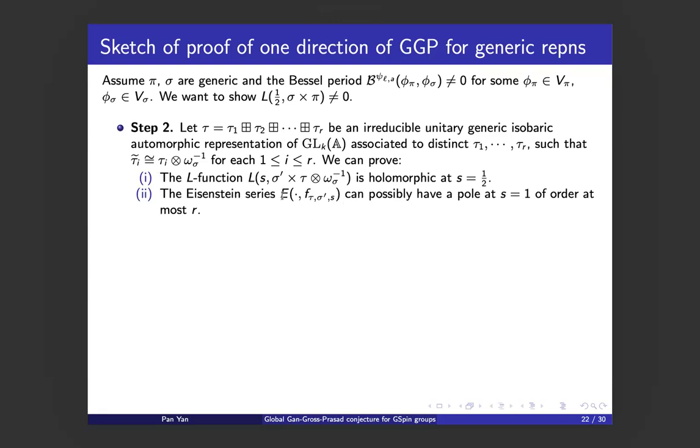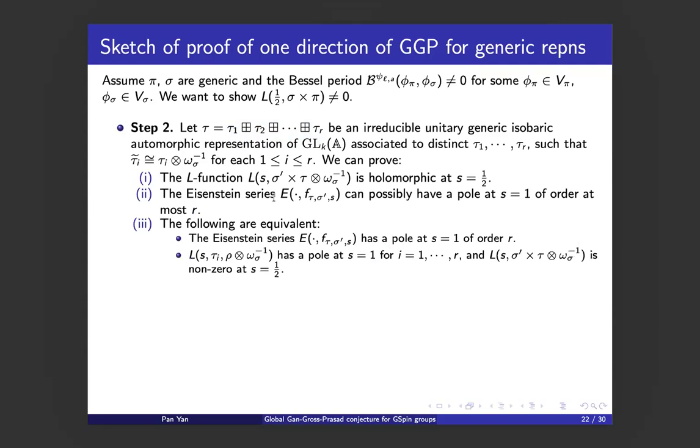And the Eisenstein series that is used in the global zeta integral is induced from tau twisted by determinant absolute value to the s minus 1/2, tensor sigma prime. So this Eisenstein series can possibly have a pole at s equals 1 of order at most r. This r is coming from the number of pieces in tau.